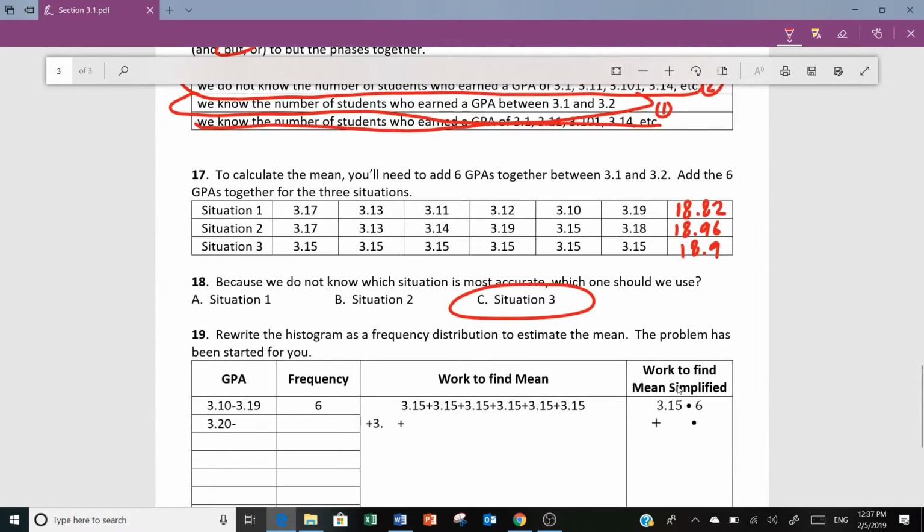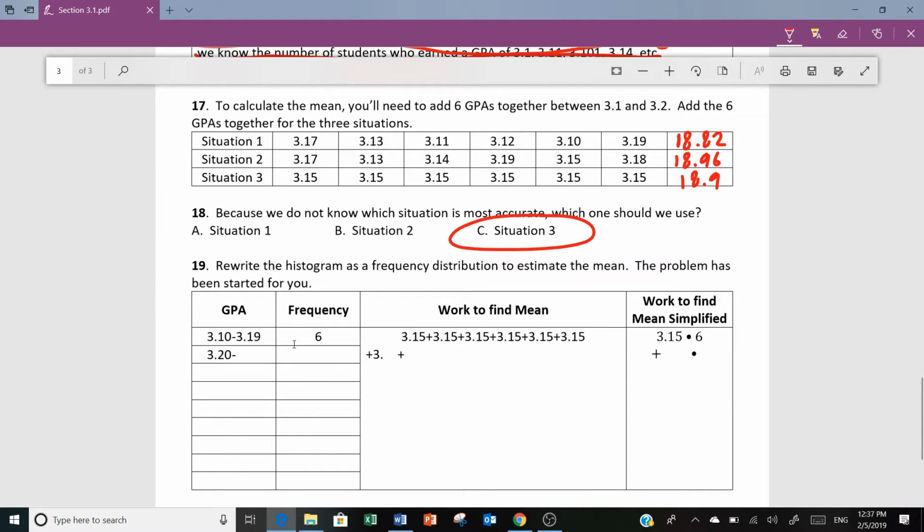Okay, so I'm actually going to start rewriting the histogram. For the ones that are between 3.1 and 3.19, there were 6 of them. So to find the mean, I'm going to add 6 3.15s together. Another way to do this is to just multiply 3.15 by 6.